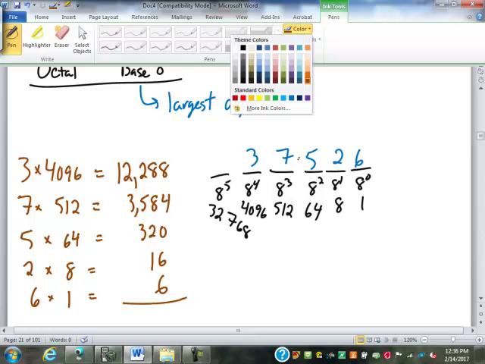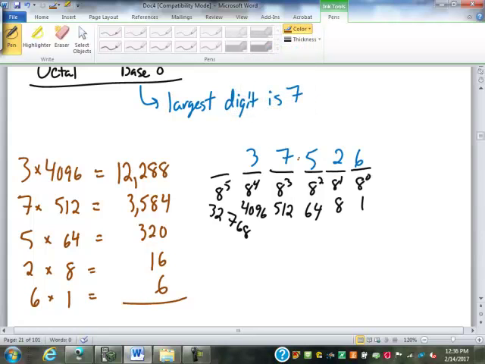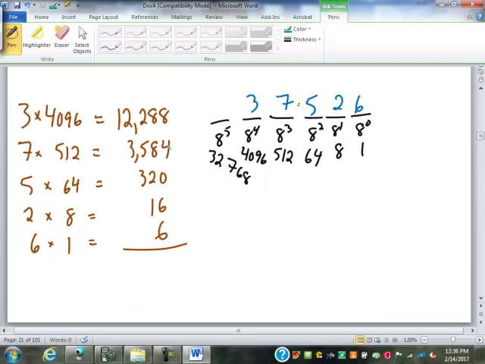So if we add these up, this is in base 8, and this is going to be back in base 10. So we add 12,288, 3,584, 320, 16, and 6.